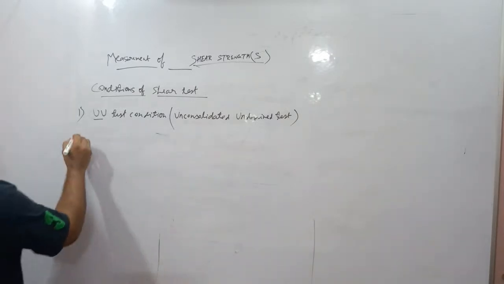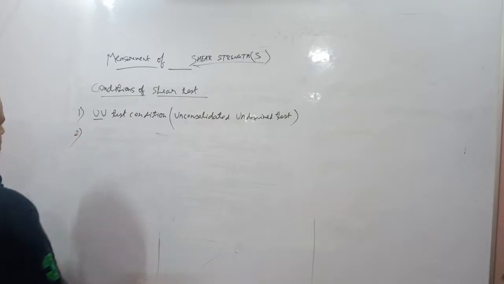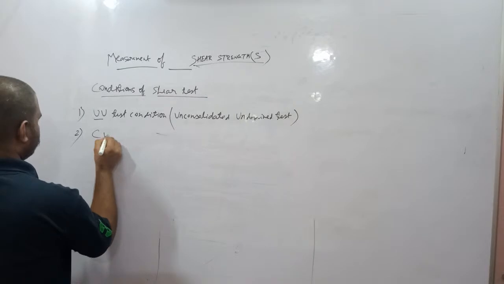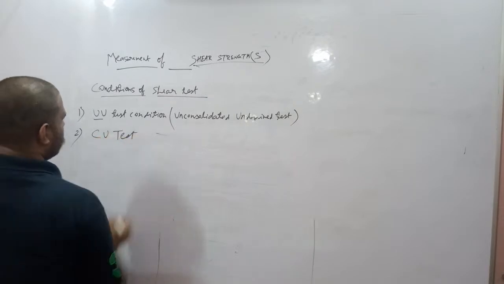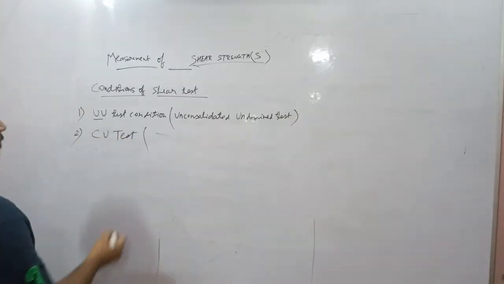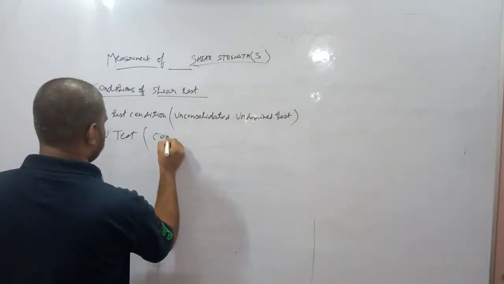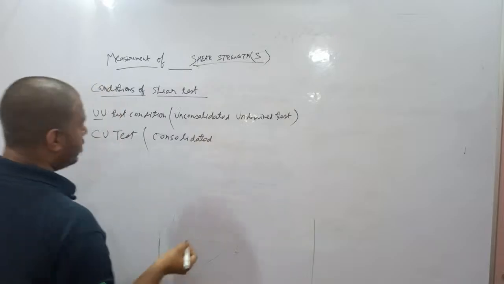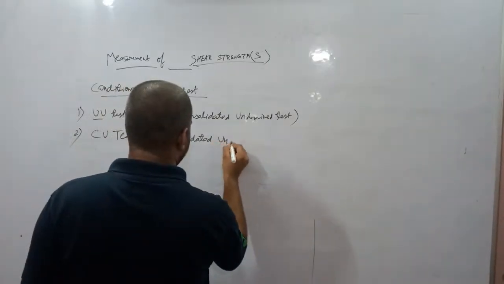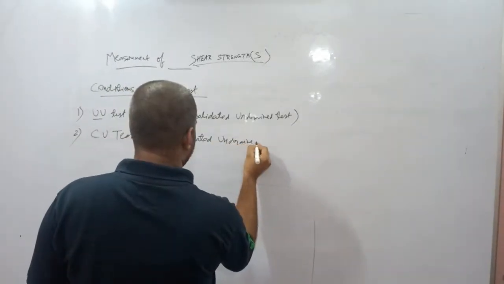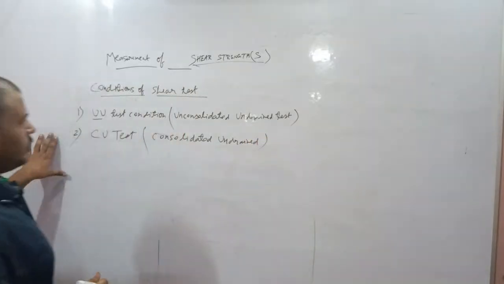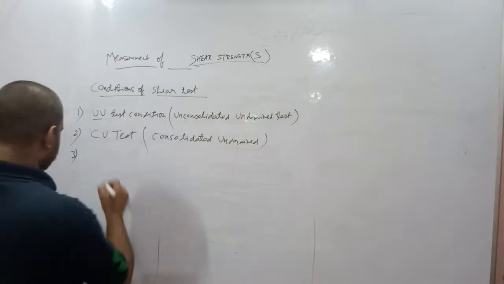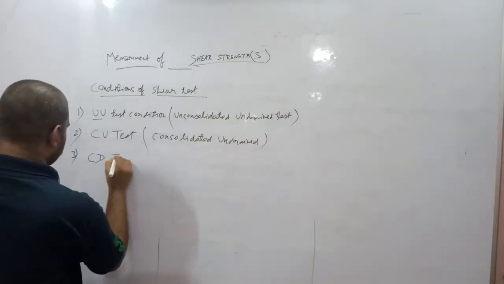Then the second one is the CU test condition. Here CU represents consolidated but undrained. I will explain the meaning of all this. And the third one is the CD test.